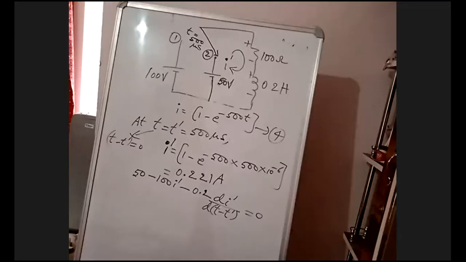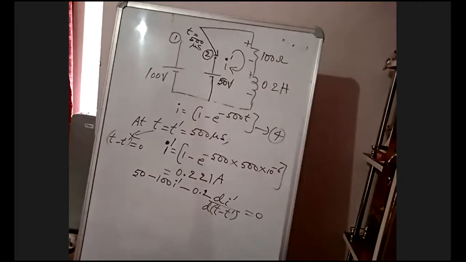T dash value is 500 microseconds. That's why in the equation I am taking dI dash by d(t minus t dash). If it is t is equal to 0, we'll get dt. Since it is not, t is equal to t dash, and t dash value is 500 microseconds.